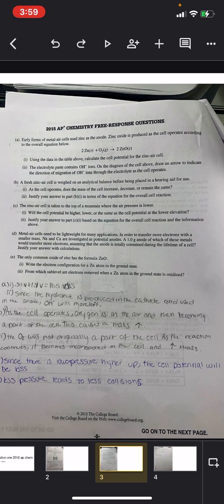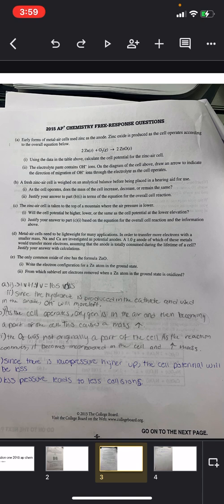Part 2 asks you to justify this, and I would justify this by saying the O2 was not a part of the cell before, but as it reacts and as the cell is running, it would become a part of the cell and be incorporated into the zinc, increasing the mass of the cell, because it was in the air before, but now it is considered to be a part of the cell's mass.